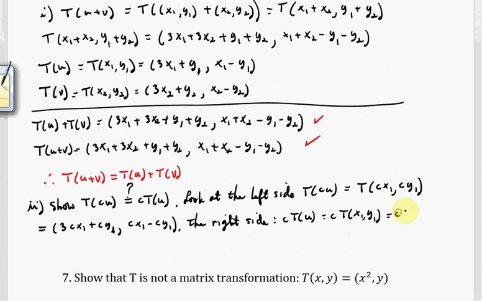This is c out in the front times 3 x sub 1 plus y sub 1 comma x sub 1 minus y sub 1. Now, if you go back to the first term, the left side, you can factor out that c, which is common in these two positions, and we'll get that.